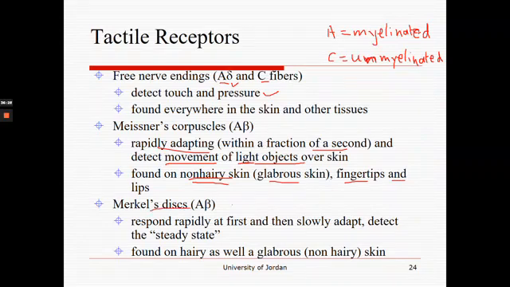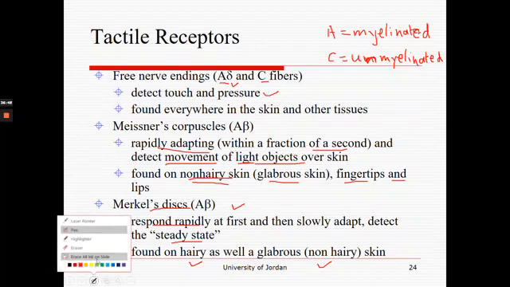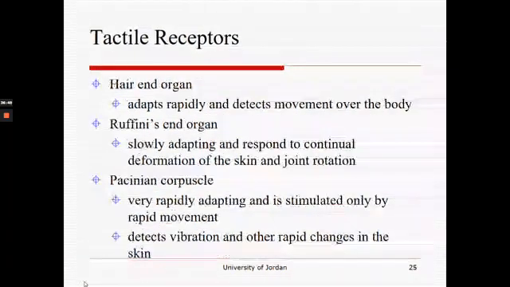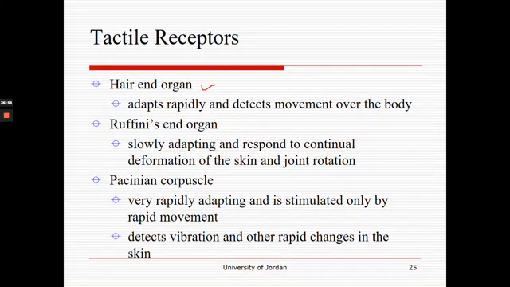Merkel's discs are connected by A beta fiber. They respond rapidly at first and then adapt slowly. They detect steady state, and they are found on hairy and non-hairy skin. So they detect touch also. Hair end organs are found around the hair shaft. They detect the movement of hairs.